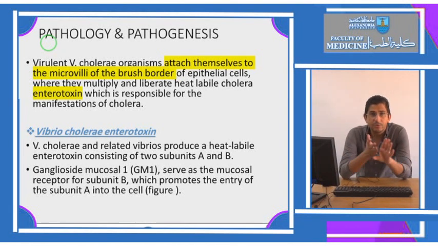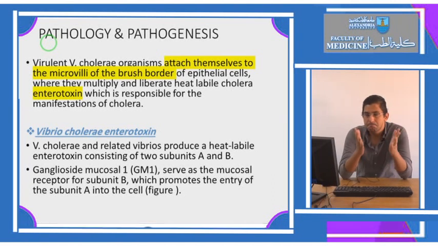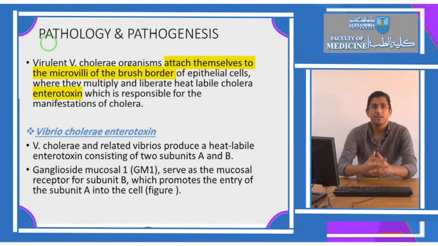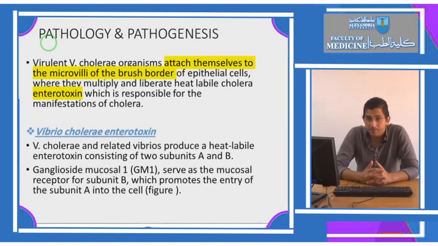So when there is interference with the absorptive power of the small intestine and the microvilli, this leads to secretory diarrhea, the so-called watery diarrhea, which is severe and heavy and may lead to dehydration.